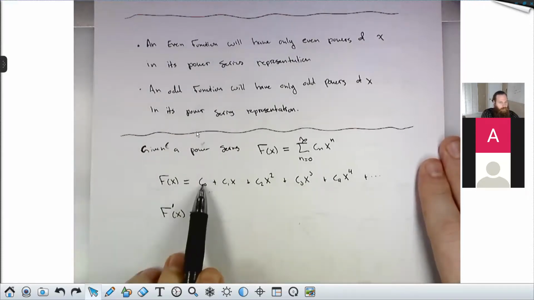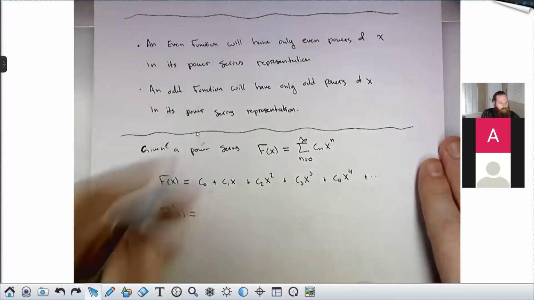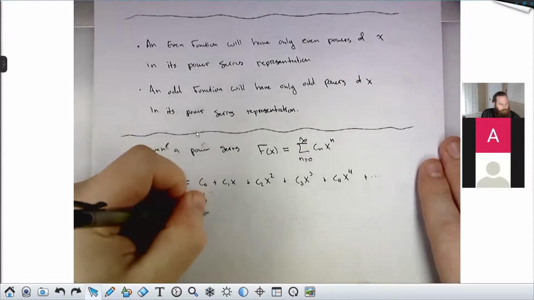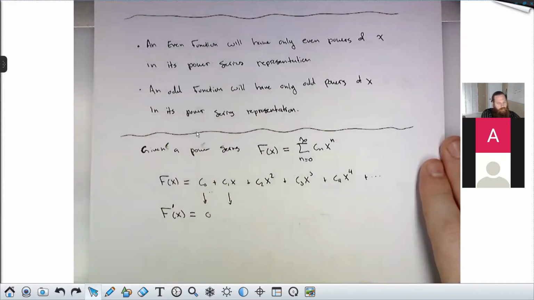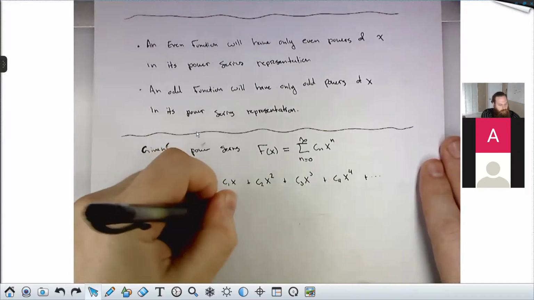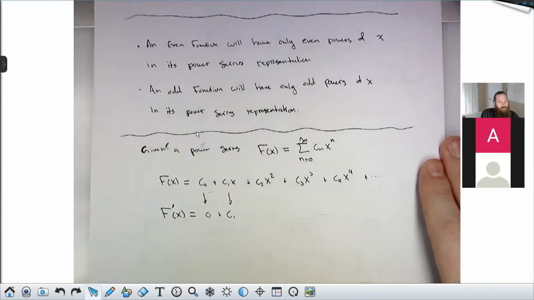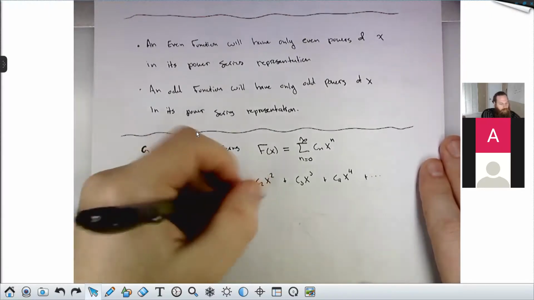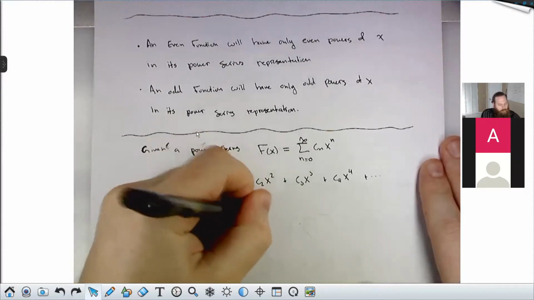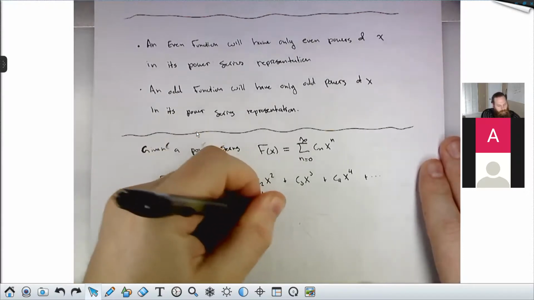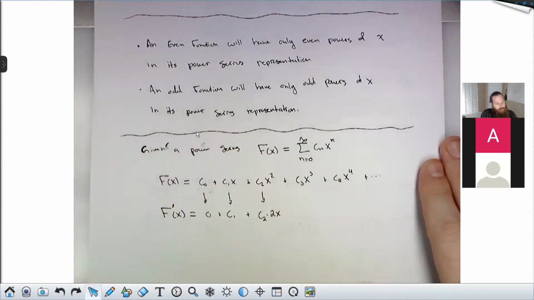But the C0 term here is going to differentiate to 0. C1 times x is going to differentiate to C1. The derivative of x is just 1. C2 times x squared is going to differentiate to C2 times 2x.